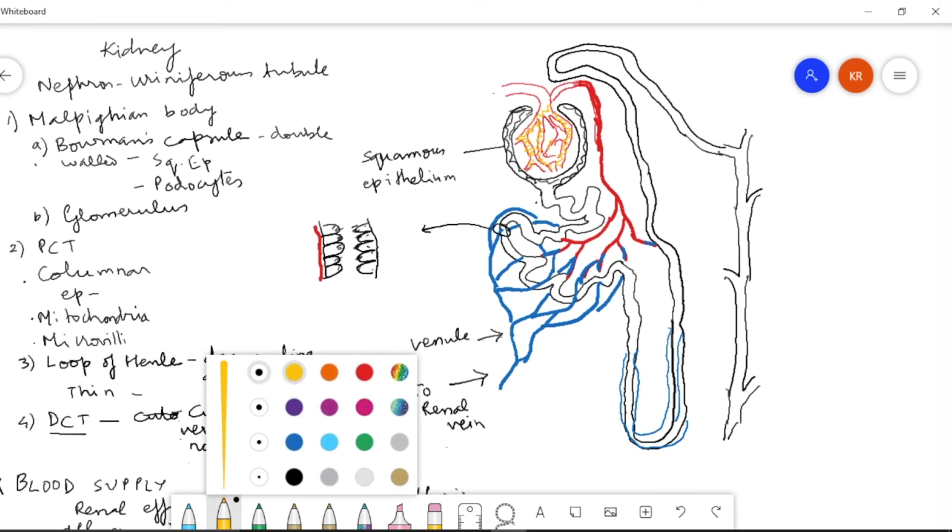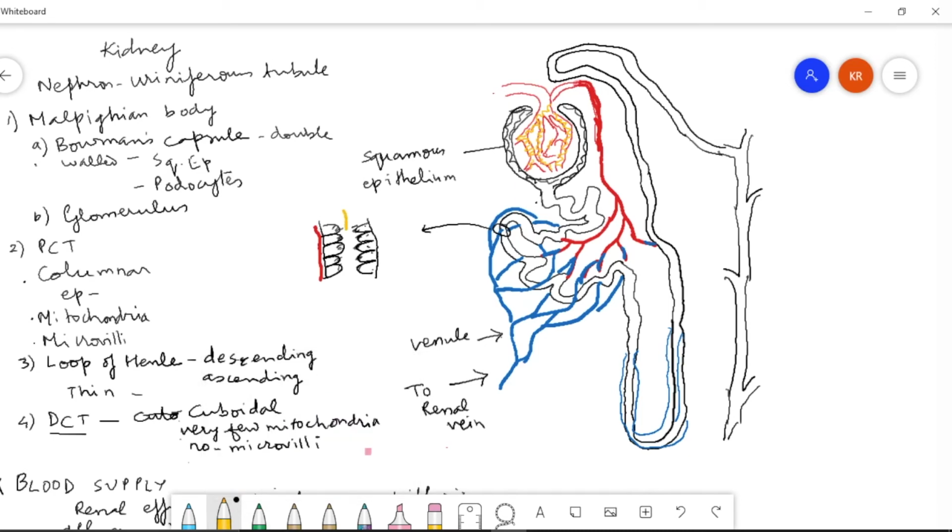So let us use this yellow color to mean that there is a fluid. The preliminary fluid is entering over here into this luminal space, and it will keep going down. But as it does so, whatever the body requires back, it will move across the cell from here to here. By which method?